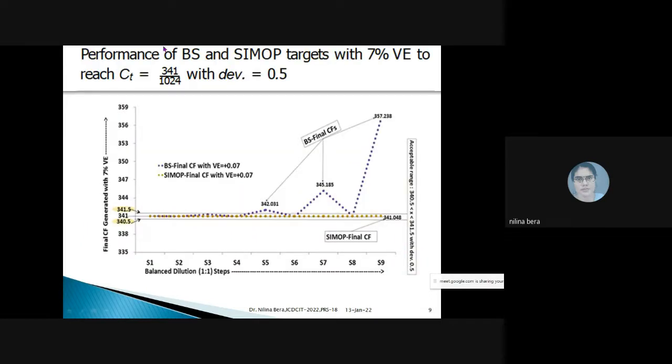Now we have compared the performance of BS, bit scanning, and the SIM of targets with 7% volume error.